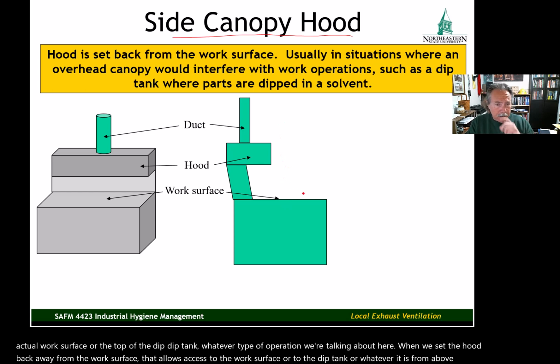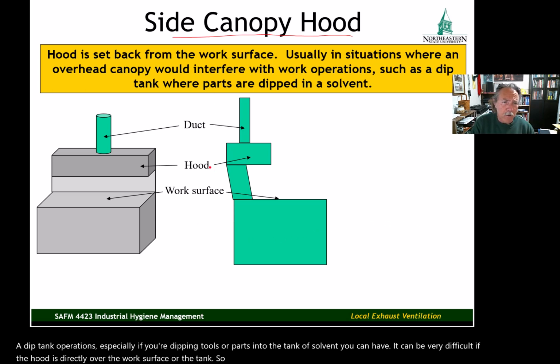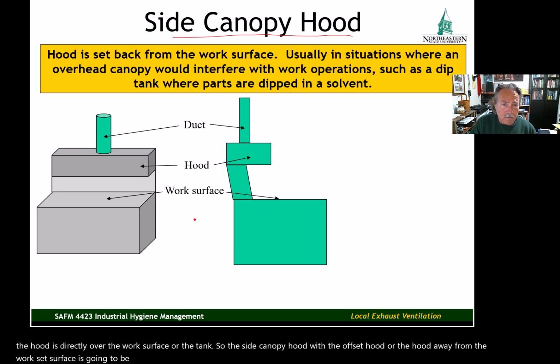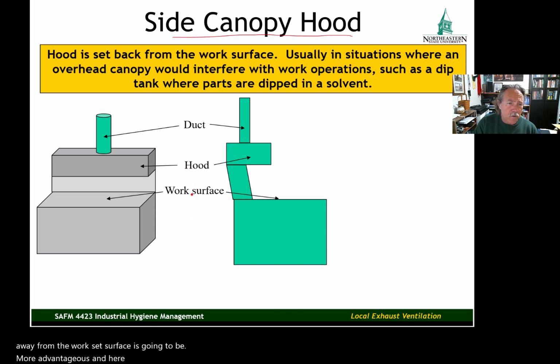Dip tank operations especially, if you're dipping tools or parts into the tank of solvent, it can be very difficult if the hood is directly over the work surface or the tank. So the side canopy hood, with the hood offset away from the work surface, is going to be more advantageous. And here's a diagram illustrating what we're talking about.